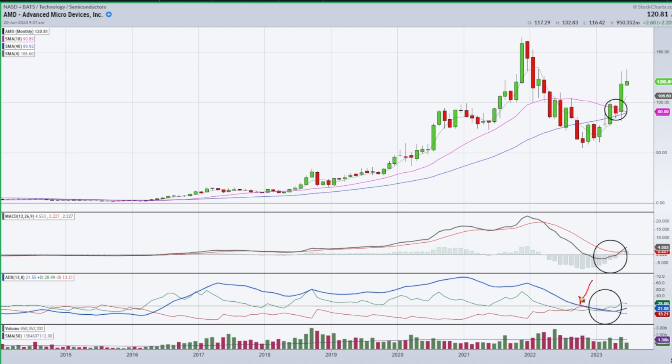The other thing I like to look for is how strong the sellers are during a down leg like this, and we never got the sellers above 25. So I've got some things that I like about that. Now, if we isolate what's taking place in the price pattern, we get this strong move to the upside, a good bottoming bar, a hesitation bar, then a strong bar to the upside, and then an inside bar on the monthly.